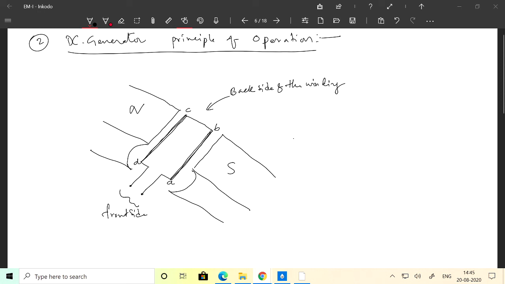So if I draw this direction view, I will have it like this.